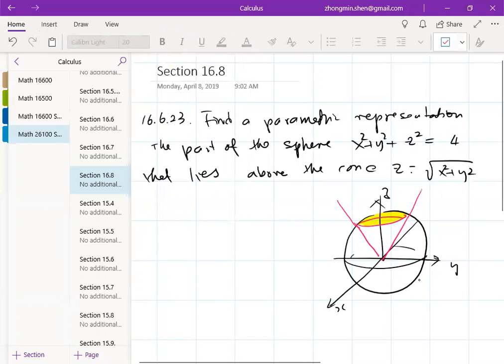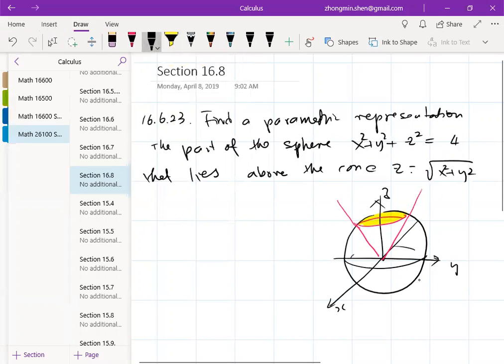All you have to do is use spherical coordinates to describe the surface. For an arbitrary point on the surface, you draw the line, you get the phi, and you project it to the xy plane, and you get the theta. This is how we construct the spherical coordinates for the point.